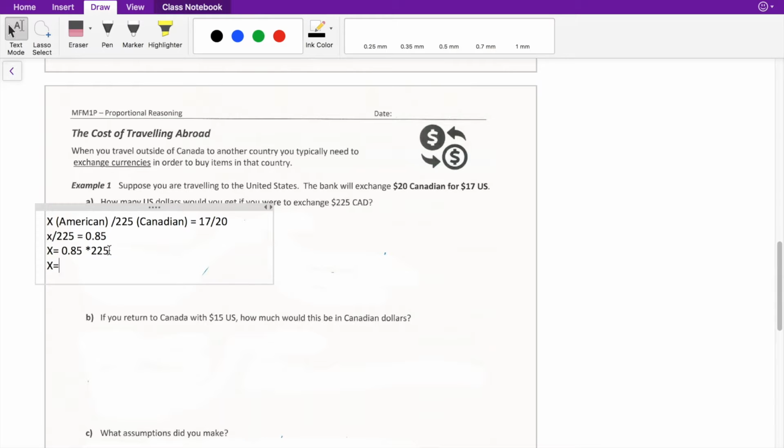So x is going to equal 191.25 American money. So that means my $225 will buy me 191.25 American. So let's wrap it up with a therefore statement.